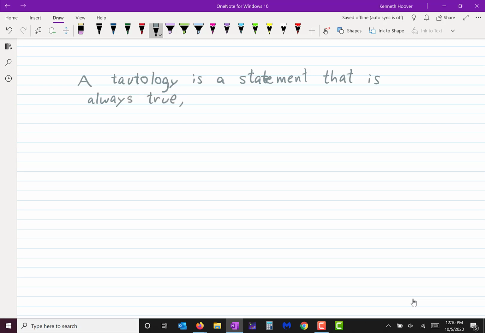But I'm going to add to that to explain what I mean by that. What do I mean by always true? What I mean is that it's true regardless of whether its components are true or false.